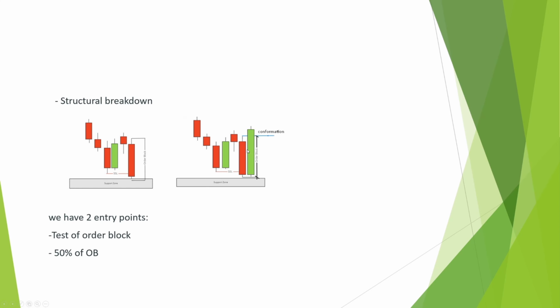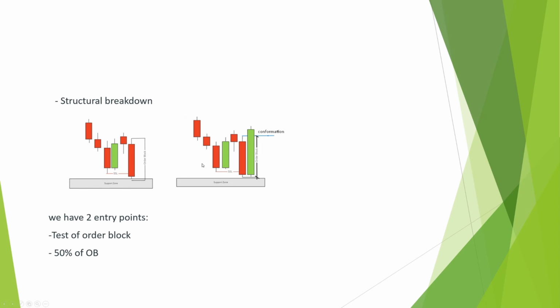That's why when price comes back to this order block, all orders of these bears or bulls, depending on the type of order block, will be executed. That's why price will go in the opposite direction.